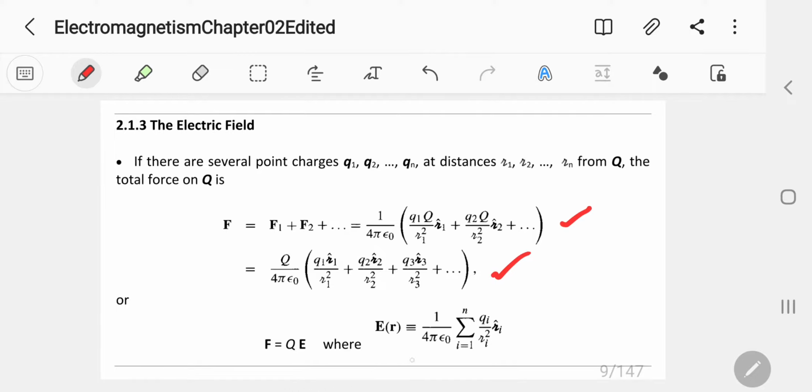And so our electric field can now be written in this form, this one here.